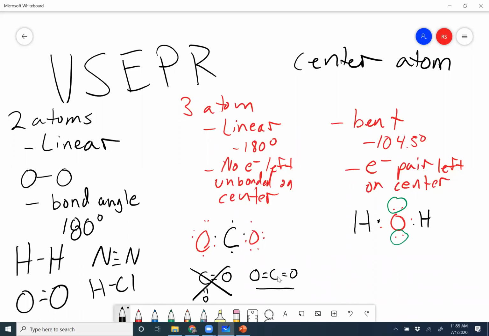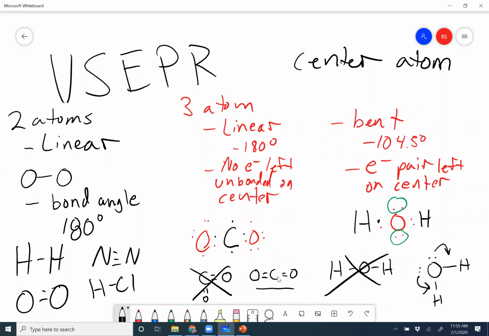So instead of writing H line O line H, that would suggest that it was linear. In fact, it looks like this, because those electron pairs are up here and they are bending the shape. They are pushing on the bond to make the shape be bent.